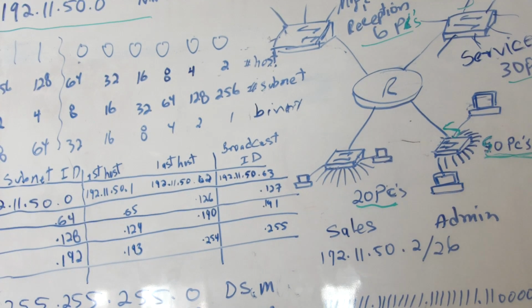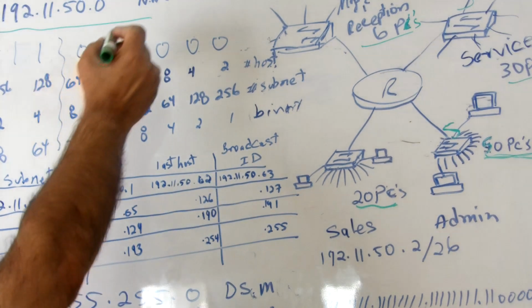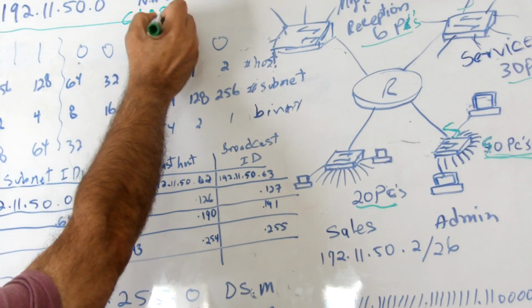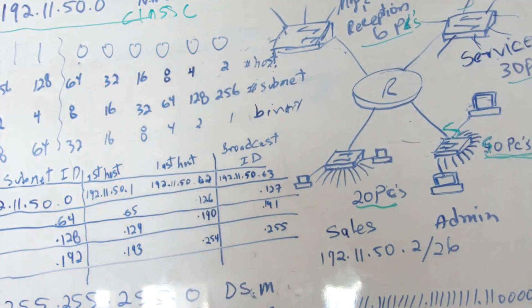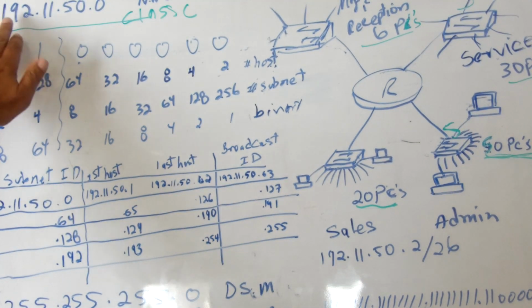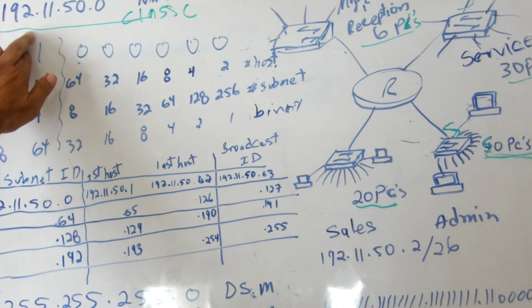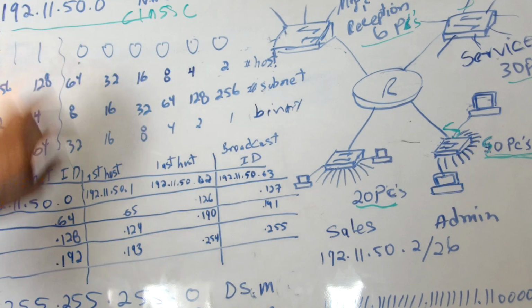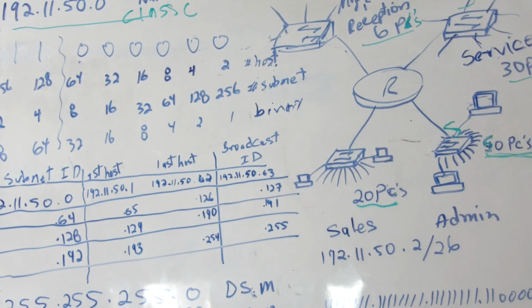You come, and this is class C. Class C starts with 192 up to 223. You see the number here, it shows that it's class C. Just 128 to 191 is going to be class B.